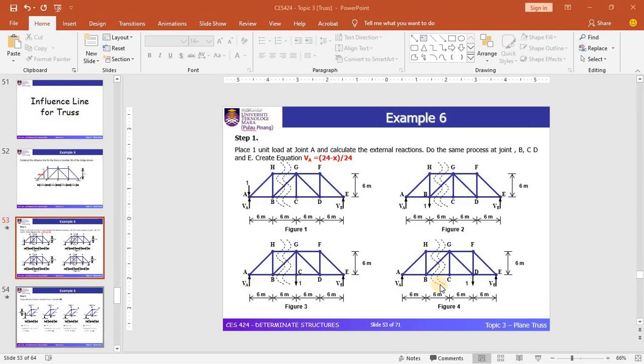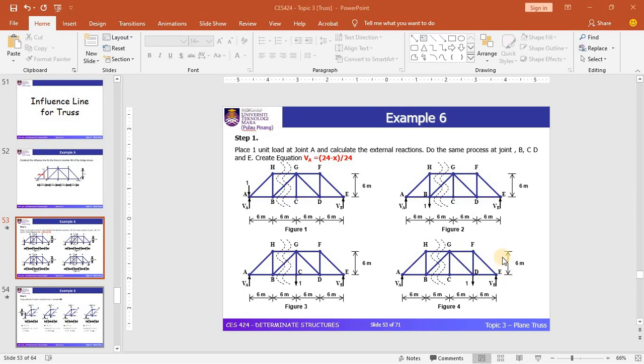In the fourth diagram, the 1 unit load is placed at joint D, and you will get a fourth set of reactions. Basically, the 1 unit load also needs to be placed at joint E, but it's not shown here. So you will get 5 sets of reaction values at the supports.